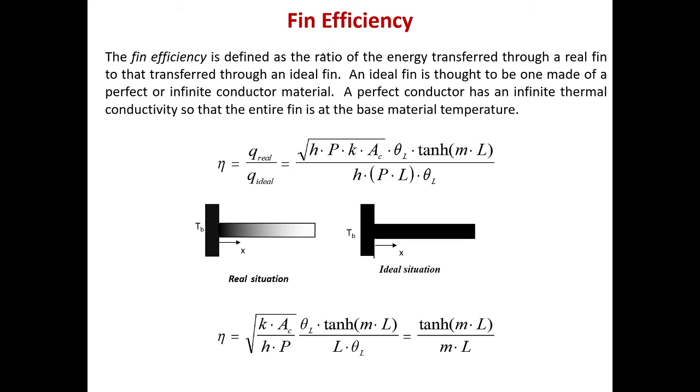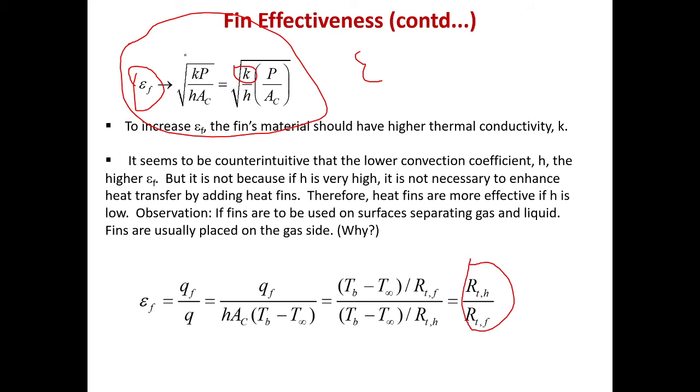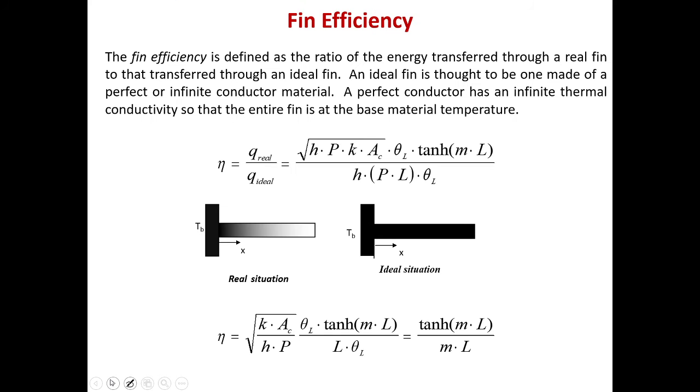So another is fin efficiency. We have discussed fin effectiveness. Now we will discuss fin efficiency. Sorry guys, just wait. So what is fin efficiency? Basically, the fin efficiency is defined as the ratio, note it down guys, of the energy transferred through a real fin to that transferred through an ideal fin.